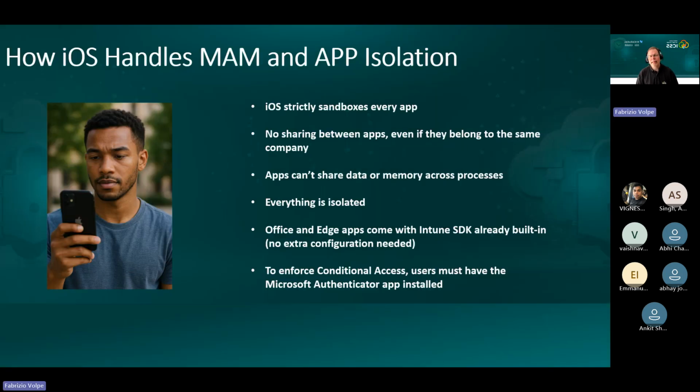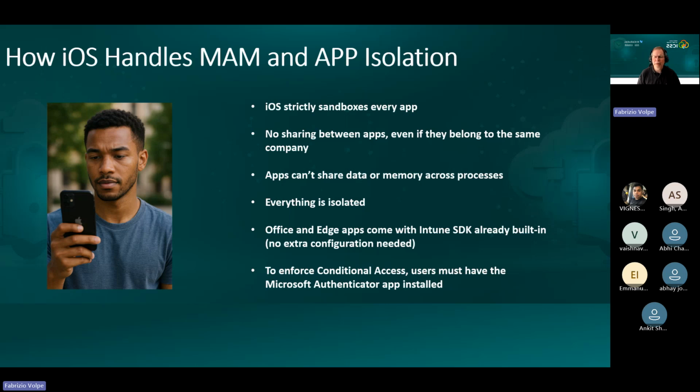Now that we explained how Intune uses the SDK and the wrapper, there is an additional layer. Android and iOS, which is not really surprising if you think about that, don't behave in the same way. So if I'm using MAM on iOS, iOS has already this kind of sandbox.